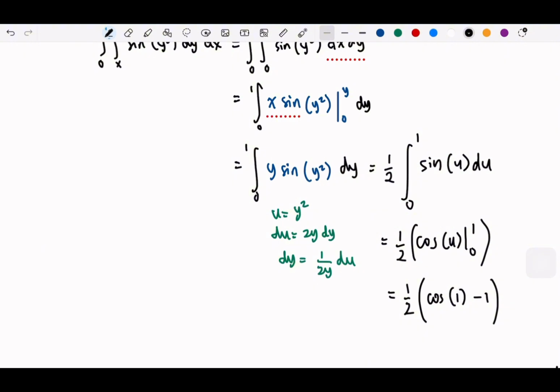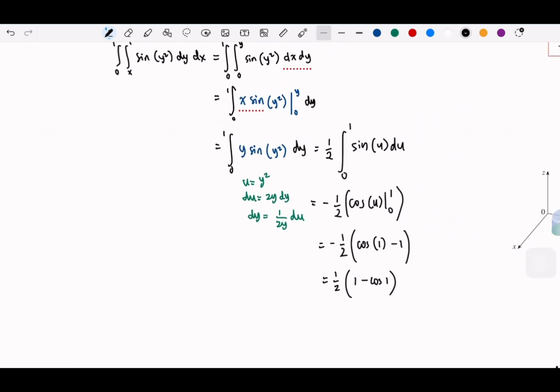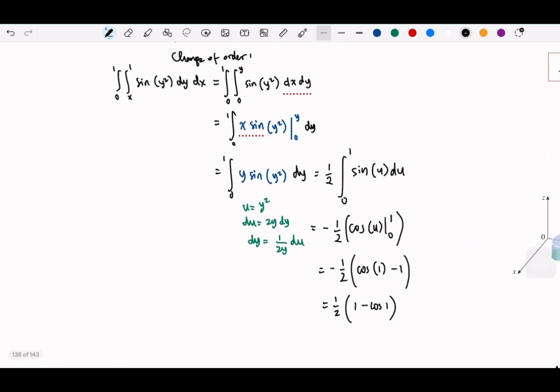Oh wait, should be negative here. Or if you want to multiply, it will be 1 minus cosine 1. Okay, so that's the idea of changing the order of the integrations.